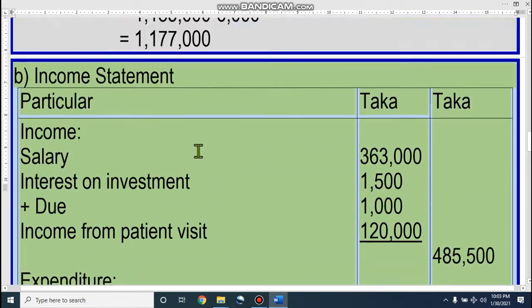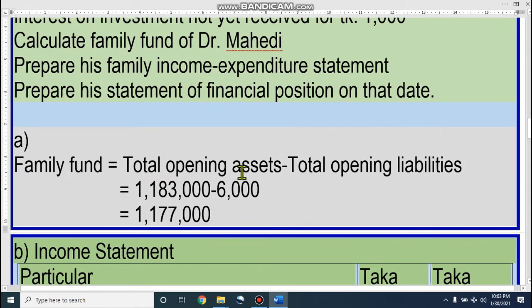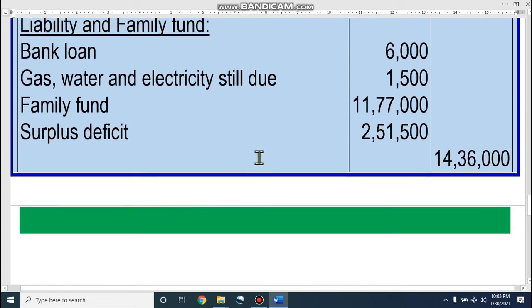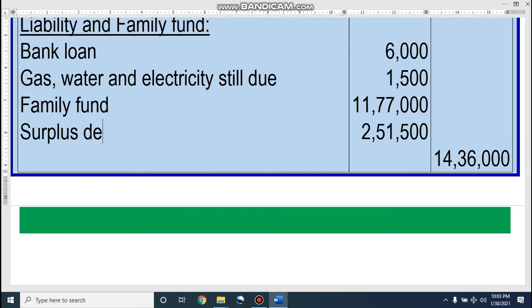Now family fund. Dear student, in requirement A, look at this family fund: opening asset minus opening liability. Family fund is 11,77,000. And with this family fund, we have to add surplus or deficit. We have a surplus of income here, we have no deficit here. Surplus of income 2,51,500.